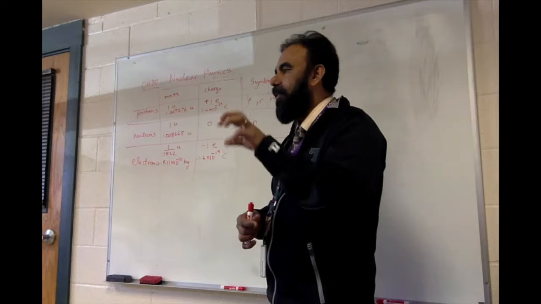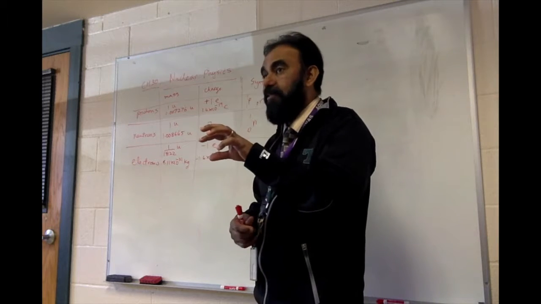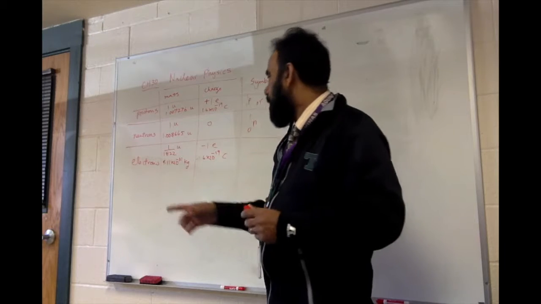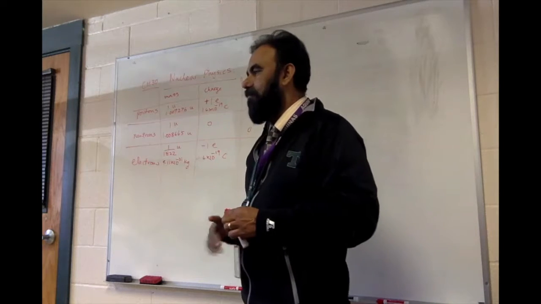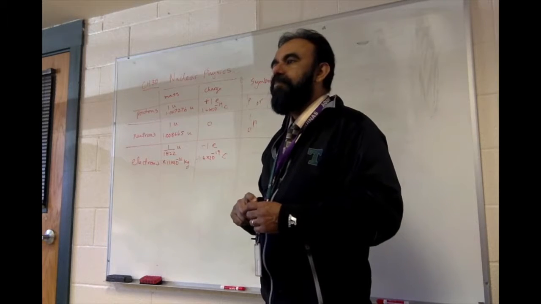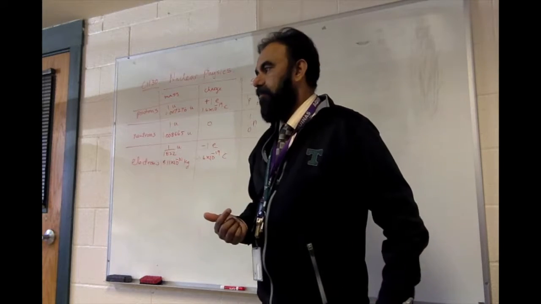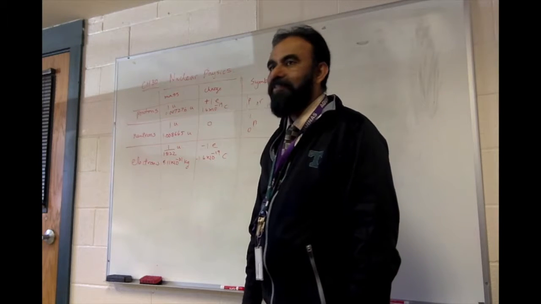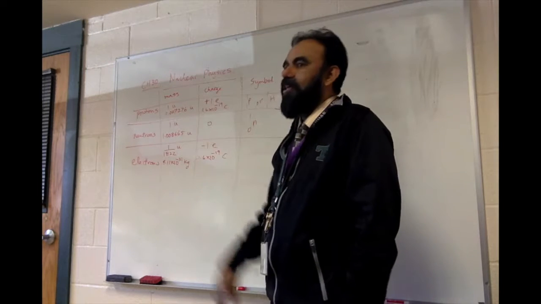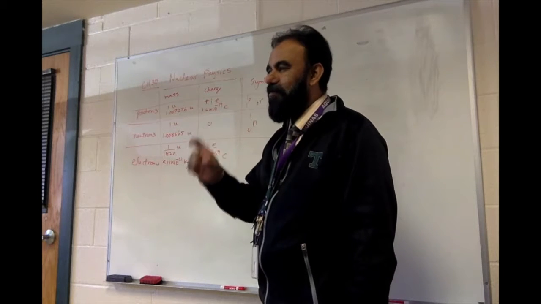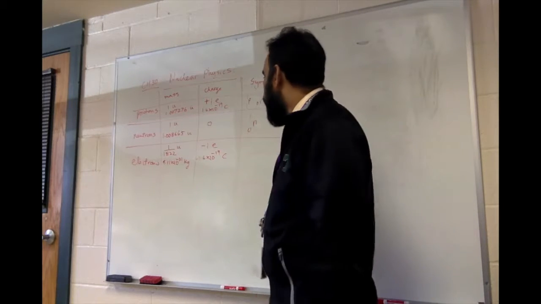The nucleus is the main mass, but the electrons are pretty light. That's why we don't even bother whether they are there or not. But it does make a difference. When you are given atomic mass, that includes the mass of the electrons. Nuclear mass excludes the mass of the electrons. So there's a difference between atomic mass and nuclear mass.